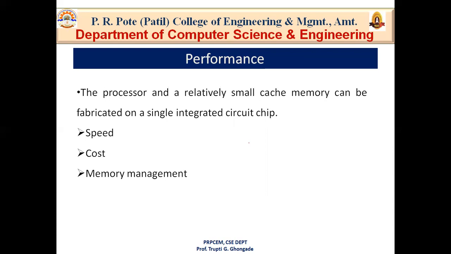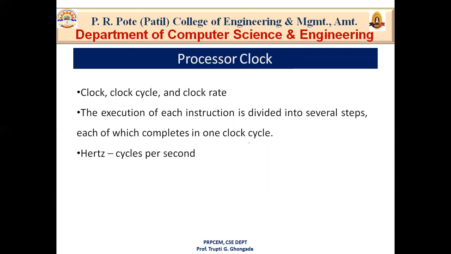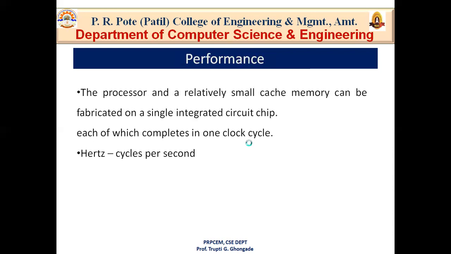So what is cache memory? We will see in detail in the second or third unit, which is dedicated to cache memory only. And in the next lecture, we will talk about what is the processor clock, and how the processor clock is responsible for the performance of the system.